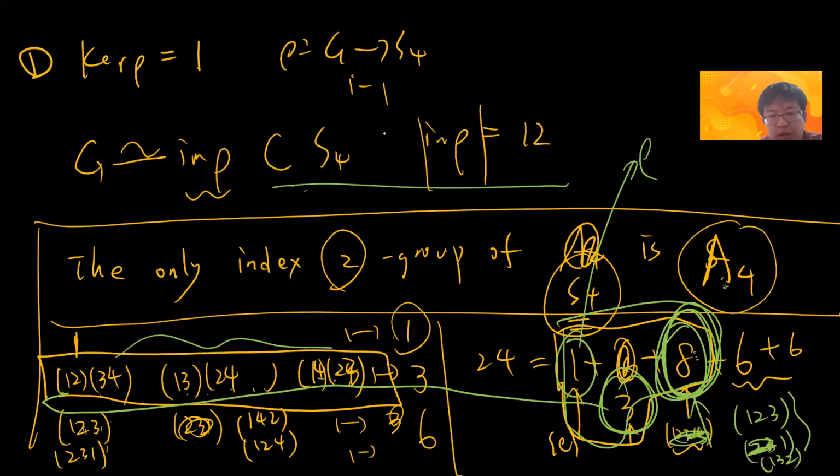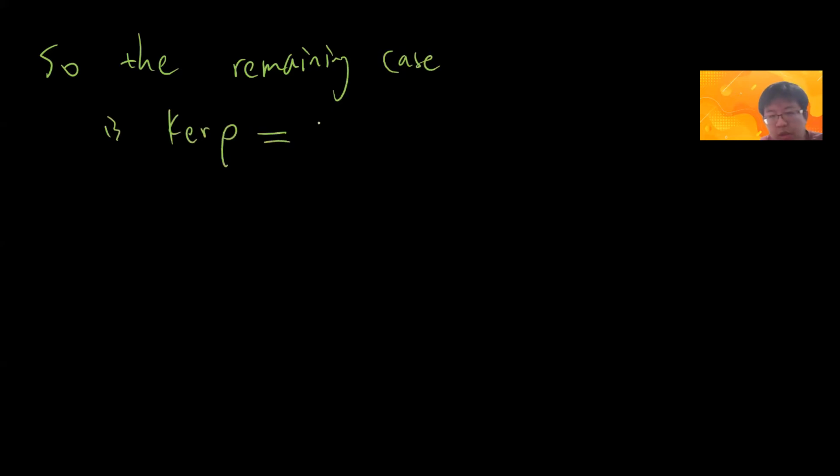Okay, so now you can see the remaining case. The remaining case is where the kernel of rho is P. So here I tell you that P is the kernel, right?